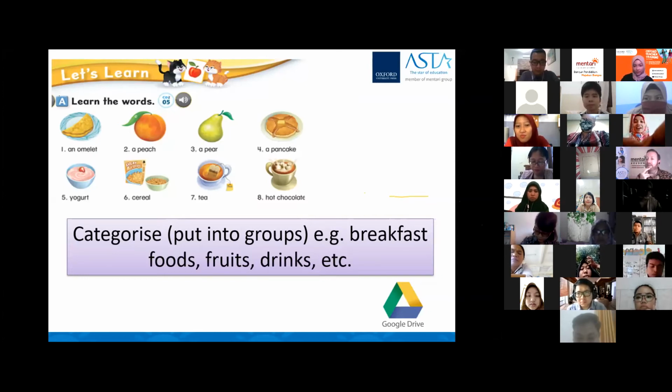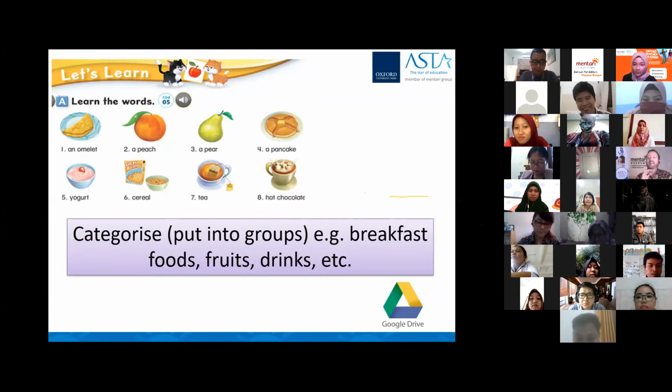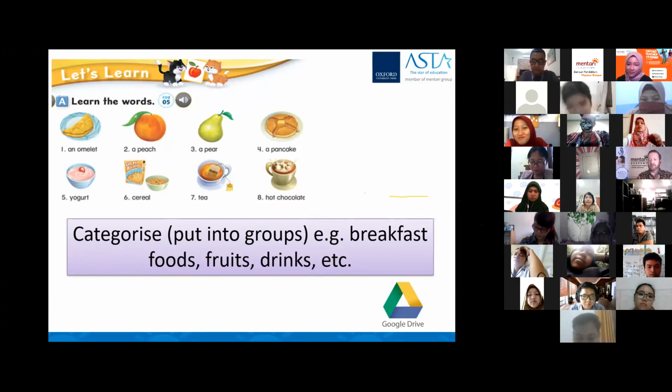Why do you think that this is a good activity? Thanks, Miss Emma. Hi, Fee. Yes, thank you. Why do you think that this categorizing of vocabulary is a good idea? Is there someone who would like to speak? Miss Acha, can you choose someone who would like to answer the question?